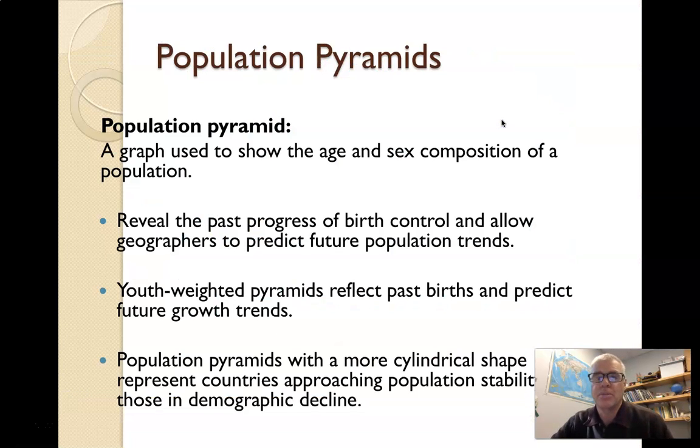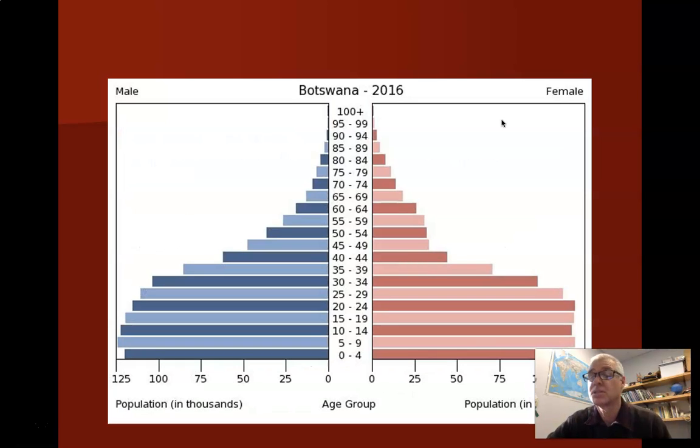So some of the ways that we depict how age and sex are distributed within a society is through what we call population pyramids, or sometimes called age-sex pyramids. And they basically look like this. This is an example of Botswana. And what's going on here is that in this graph, these are ages.